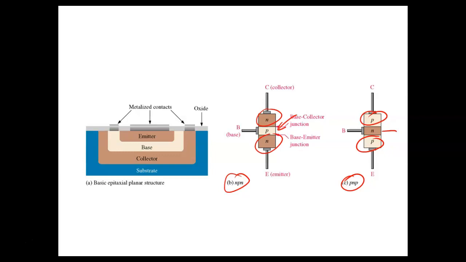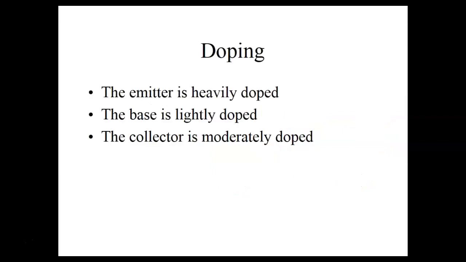So doping. We know doping can be introduced into the semiconductor lattice to control the conduction characteristics of the semiconductor. What we have is the emitter. This is heavily doped, so it has a lot of majority carriers. If this is an NPN transistor, then there'd be a lot of free electrons moving around inside it.